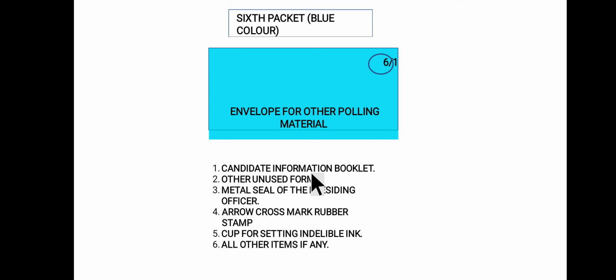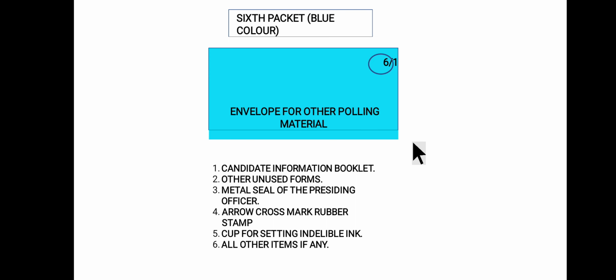It comprises an envelope for the polling material, which includes candidate information booklet, other unused forms, metal seals and the presiding officer's material, arrow cross mark rubber stamp, and cup for setting indelible ink, and all other items if any. So like this, we will be doing the entire actual process with the help of these flow charts.